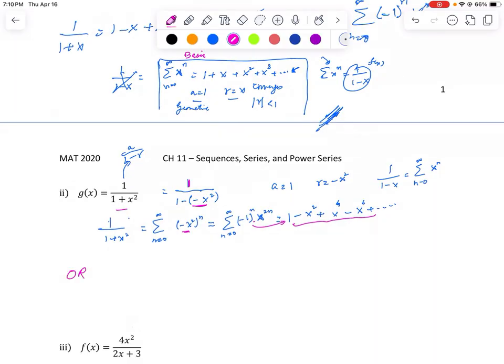The other way, we start with a equal to 1 and r equal to negative x squared.